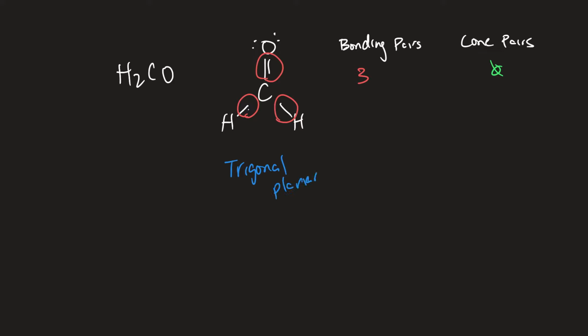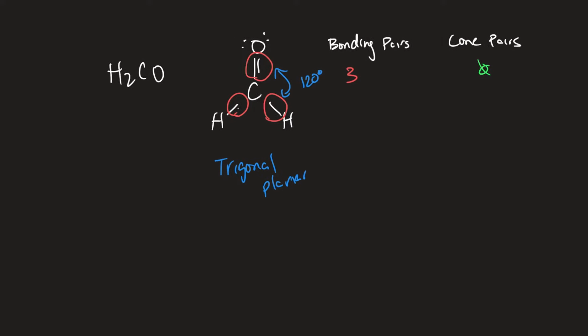If you could envision this, it's basically like a flat triangle within a 3D space. These bonds are 120 degrees away from each other. That's the degree space they have away from each other. This is typically when you have about 3 electron groups attached to the central atom.